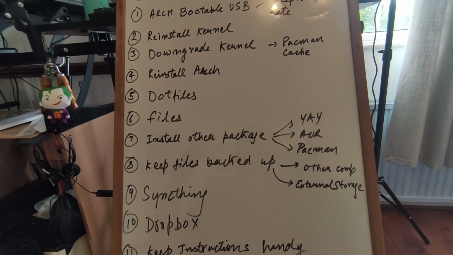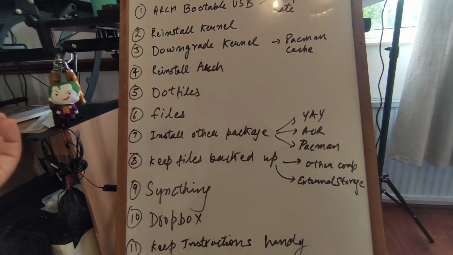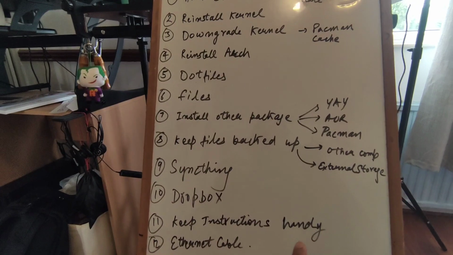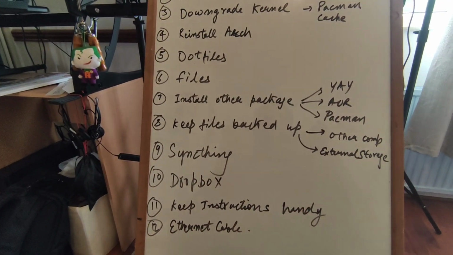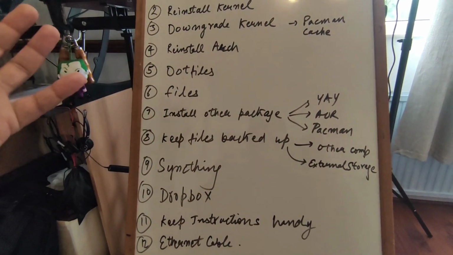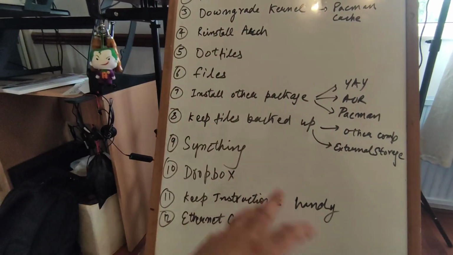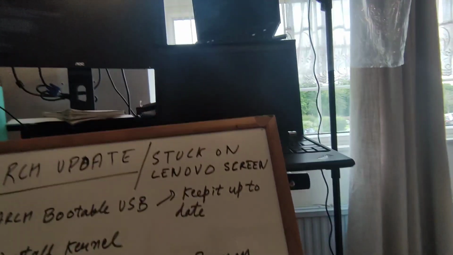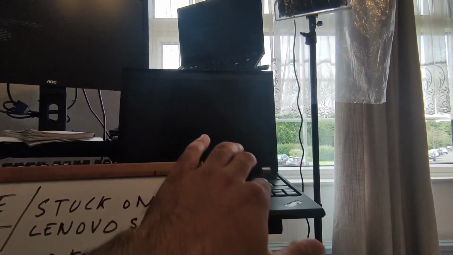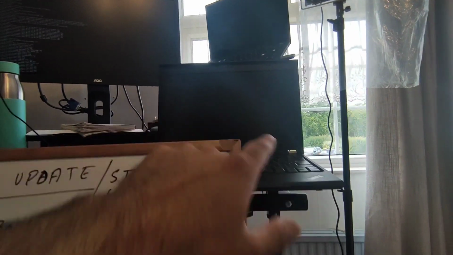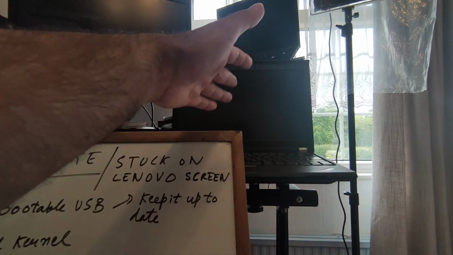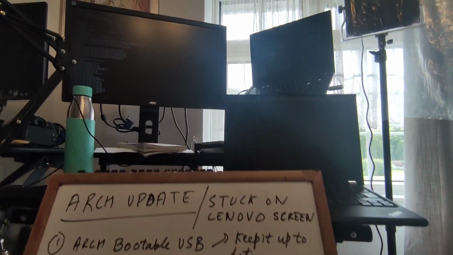I also keep track of all the packages that I need to install. So basically maintain this list of commands or things that you need to type in. If you have it handy, maybe on your other computer, for example, I'm using this ThinkPad X220, which fortunately has all the files, and I was basically referring to it to restore everything.